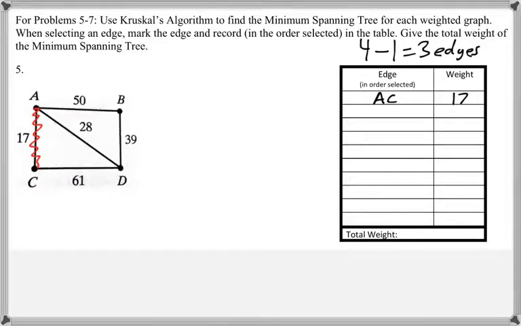The next highest edge would be 28, which is AD. And then the next highest edge is 39, which is BD.